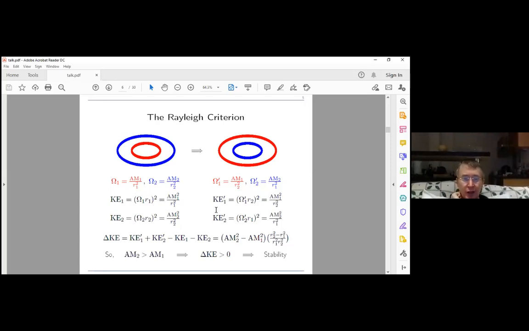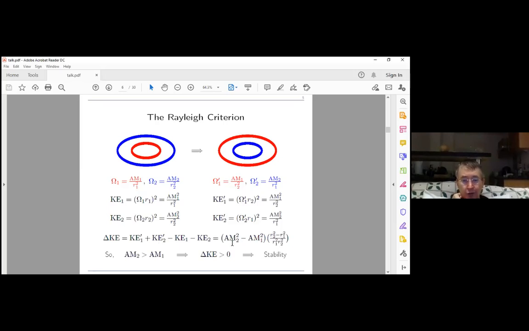So what is the change in kinetic energy in going from there to there? Well, there it is. The change in kinetic energy is what you have afterwards minus what you had before, and a little bit more algebra gives you that result there. Well, that factor there, because R2 is greater than R1, is strictly positive. So whether this change is positive or negative depends on that factor there.